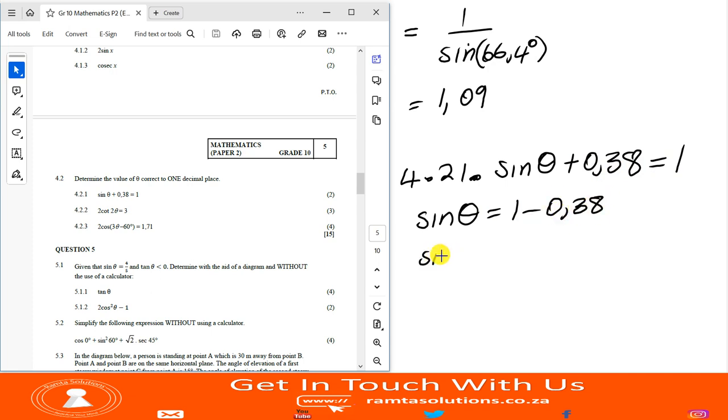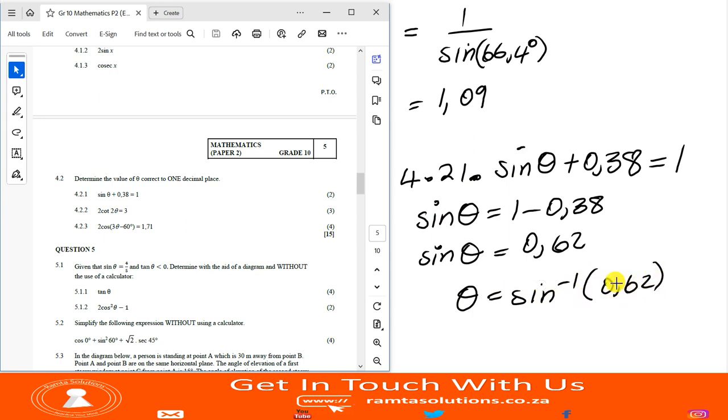This therefore means sine theta is 0.62, I believe. You're looking for theta, not sine theta. So theta is equal to the inverse of sine 0.62.